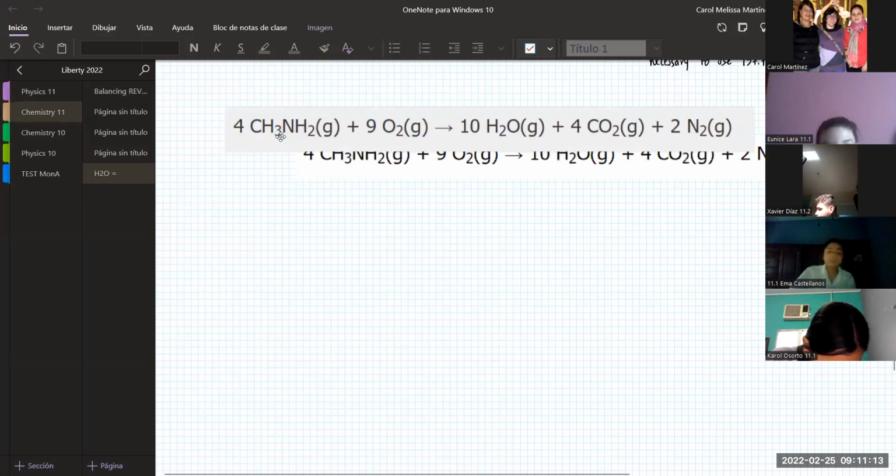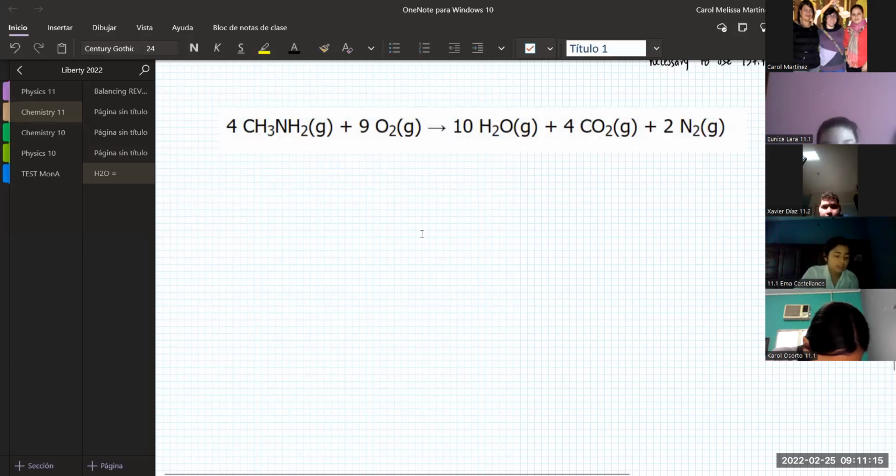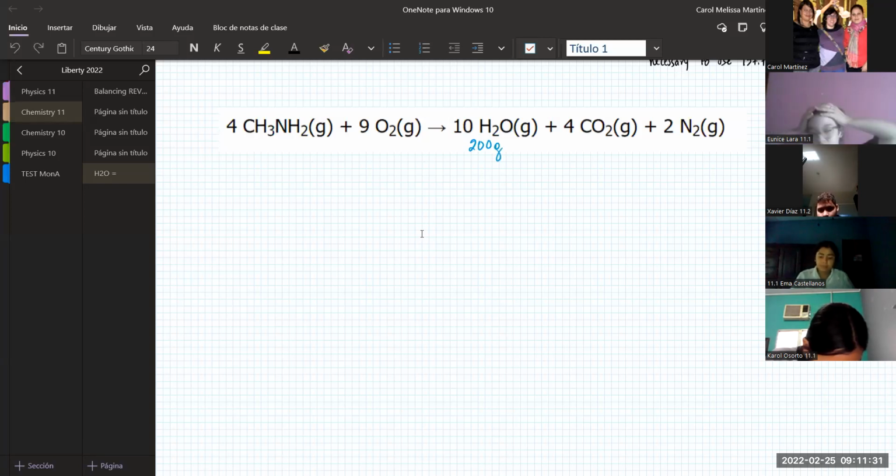Now let's do one exercise a little bit simpler. I'm giving you 200 grams of water, and I want to know how many moles of CO2 are going to be produced.